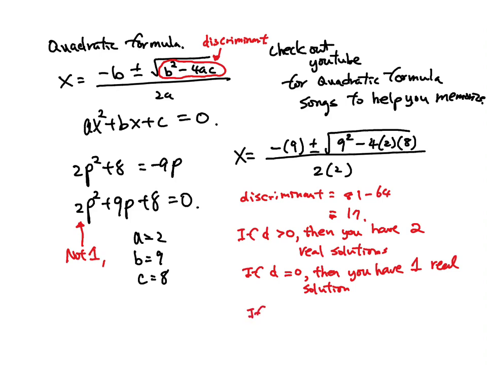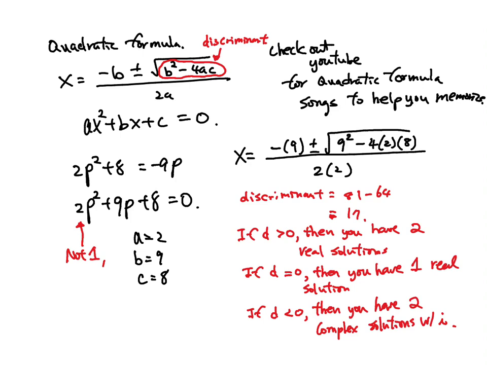And if the discriminant is less than 0, then you have two complex solutions with i. Because if the discriminant is negative, you are taking the square root of a negative number. So that means you are going to end up with i's. All right?